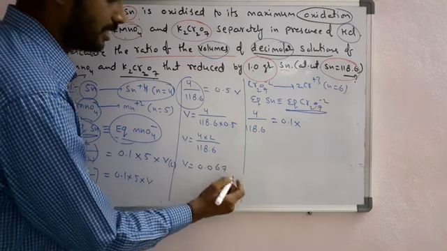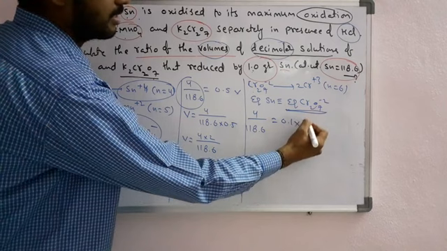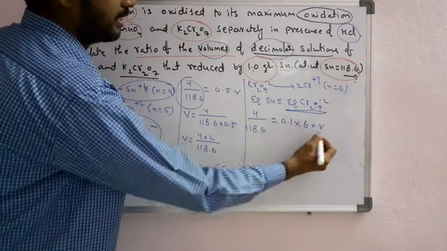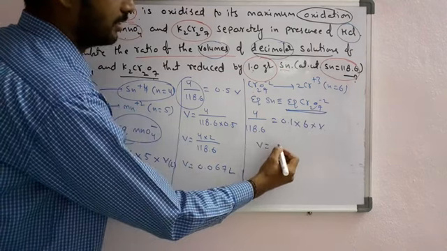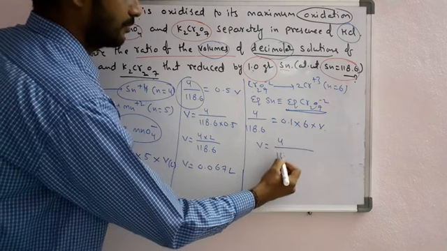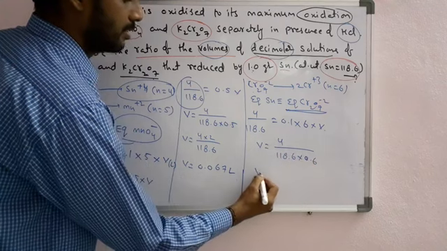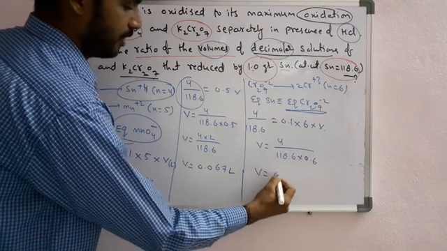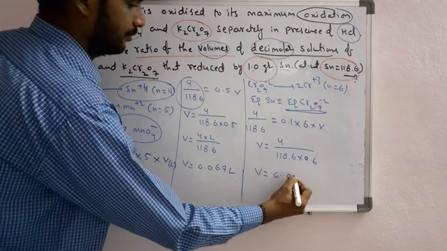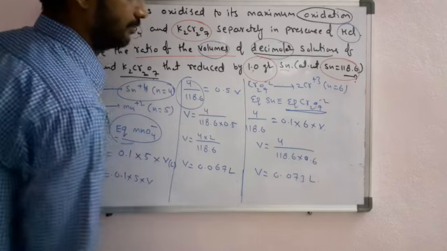So 0.1 is equal to 6 into the volume in liters. Again here we get 0.073 liters.